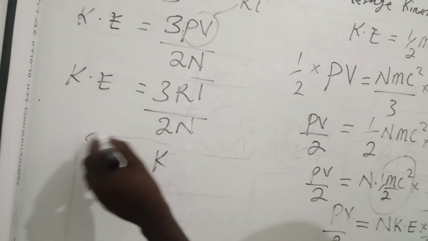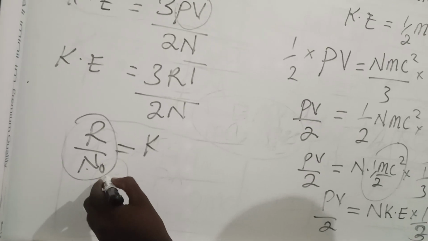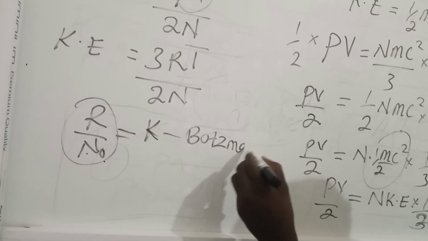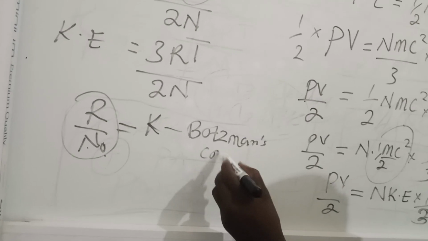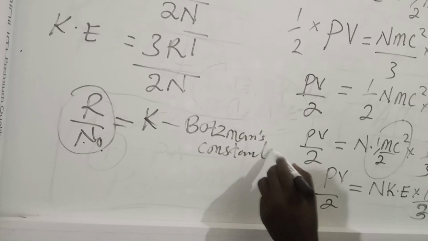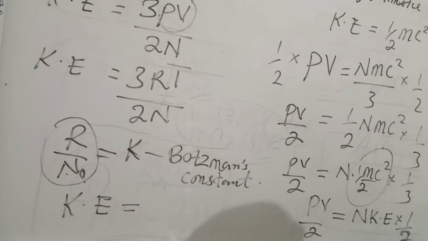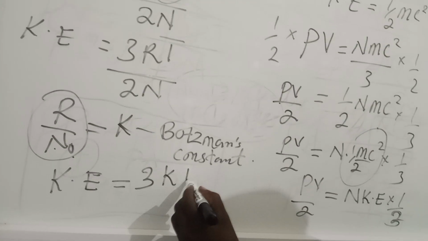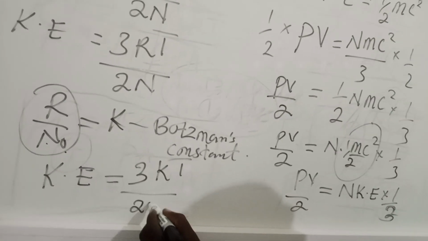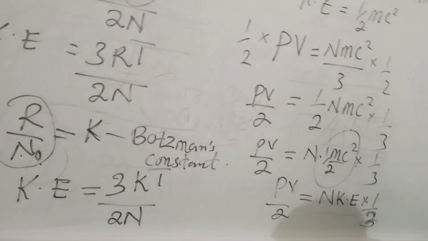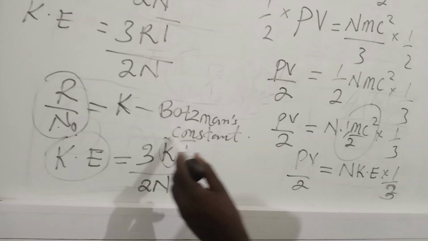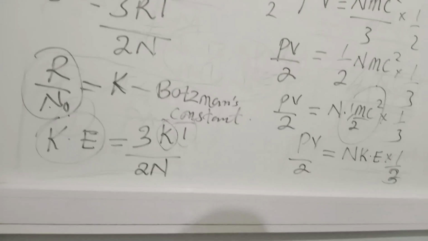So you can now remove R over n naught and replace it with the Boltzmann constant. Therefore we now end up having kinetic energy is equal to 3kT all over 2. So this is the relationship between kinetic energy, Boltzmann constant, and temperature.